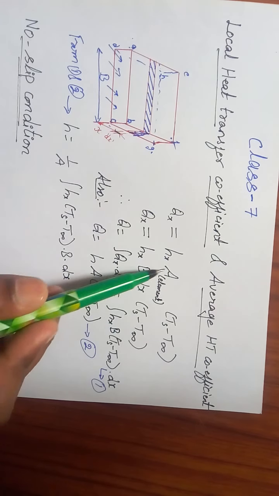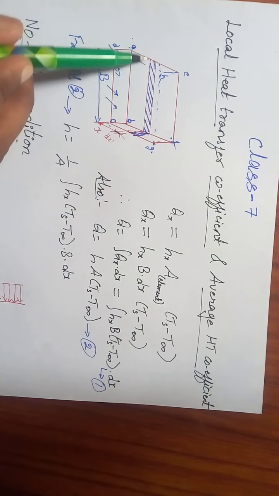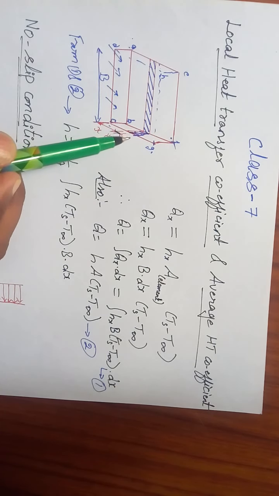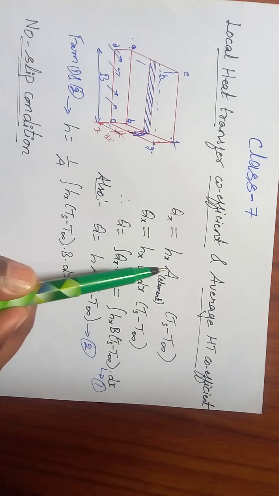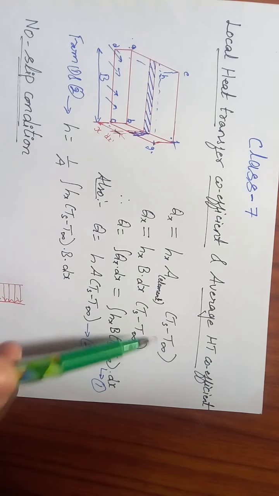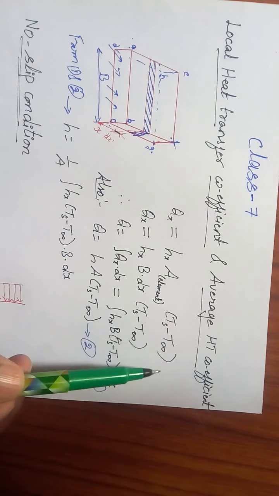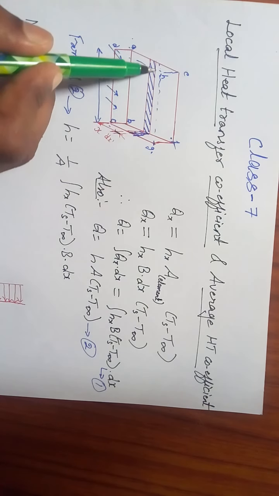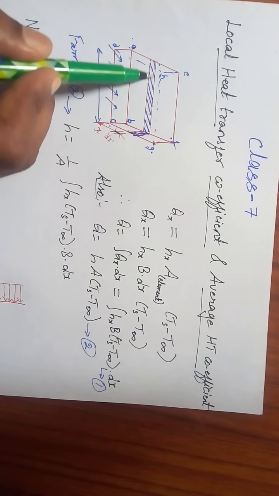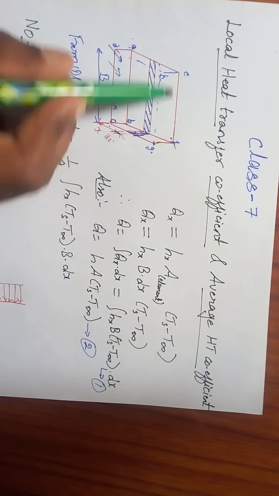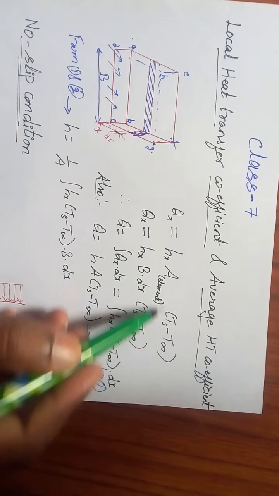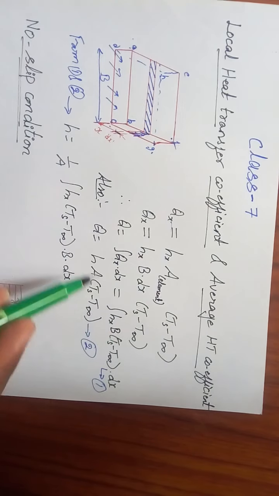What about the elemental area? The breadth B and dx, so B into dx will be the elemental area. Then we have the surface temperature and surrounding temperature difference. This is the small particular area I am considering, only on the top surface A, B, F, C.